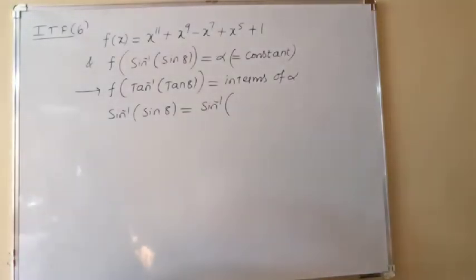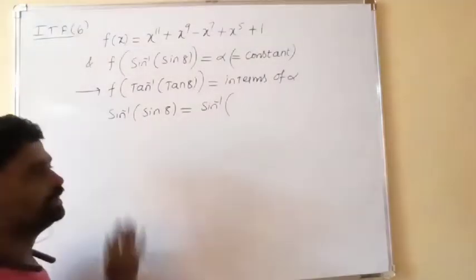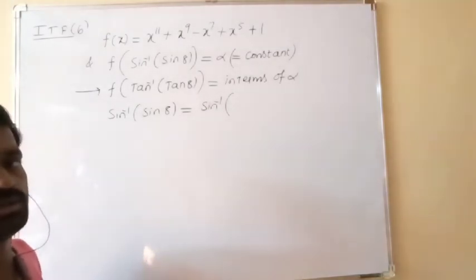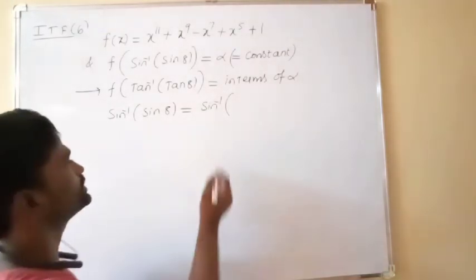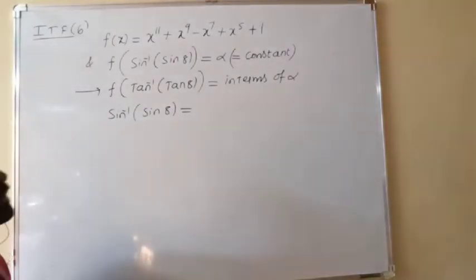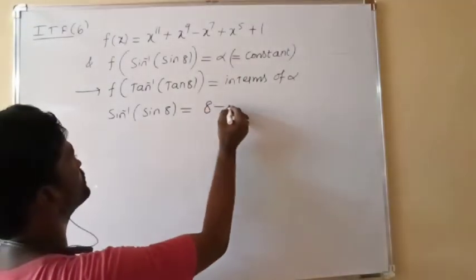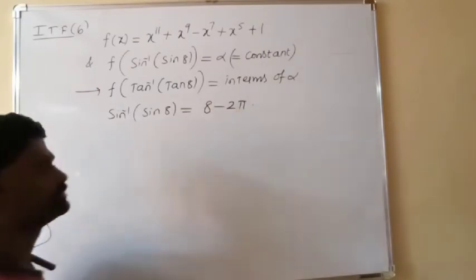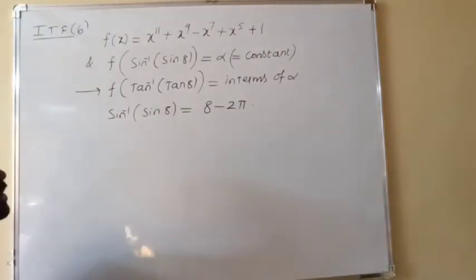Okay, it is nearer to 2 pi only. So as it is nearer to 2 pi, an even multiple of pi, the answer will be theta minus even multiple of pi.